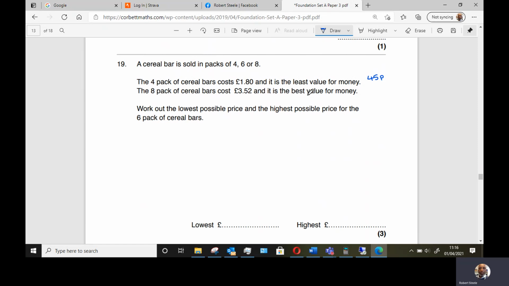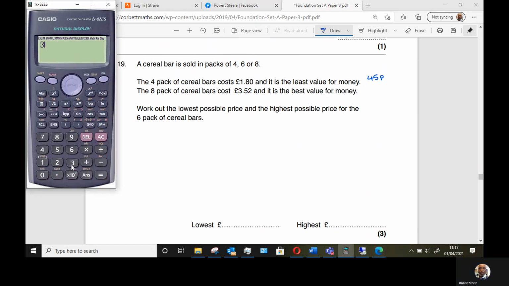The best value for money is 352 divided by 8, 44 pence. Okay, not much in it.